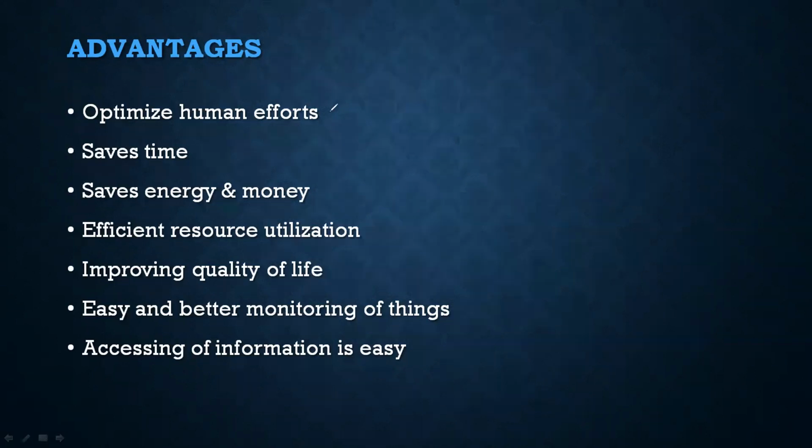Here, by automatically connecting all the devices with each other through the internet, the task or the work can be done easily. The automatic work is done by the IoT systems, thereby it reduces the human effort.